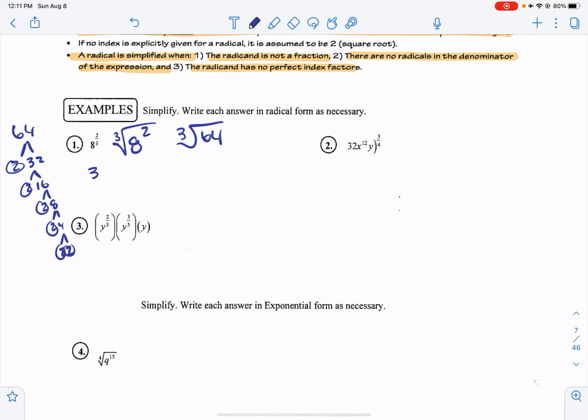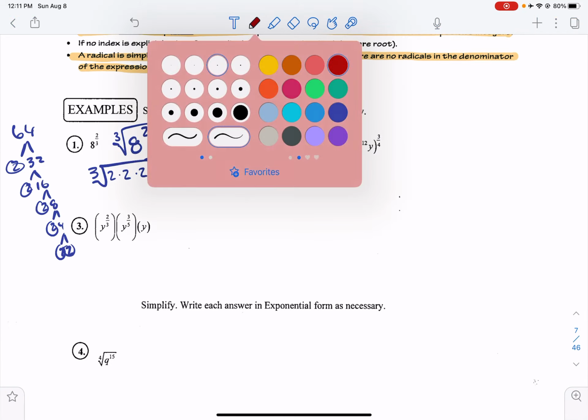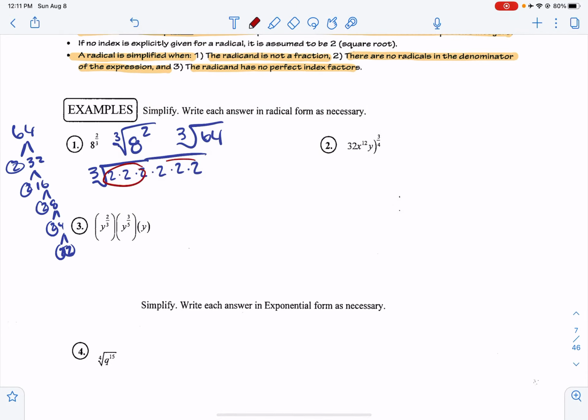You said, okay, the cube root of, let's see, there's 1, 2, 3, 4, 5, 6 of them. And you're looking for groups of 3 because we're doing the cube root, which means you get to pull out 2 groups. So you get 2 times 2, and you're not left with anything on the inside.